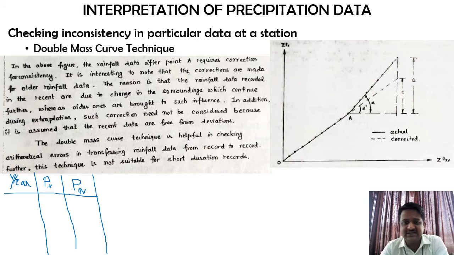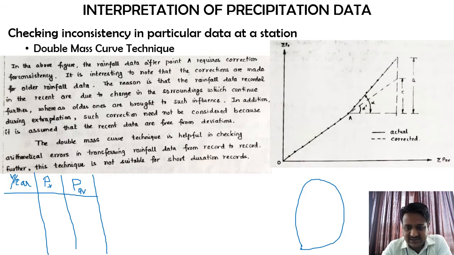If I consider a particular catchment area, imagine that these are three rain gauge stations. Imagine this as one, this as the second rain gauge station, and this I am going to call X, whose consistency I am going to determine over here.